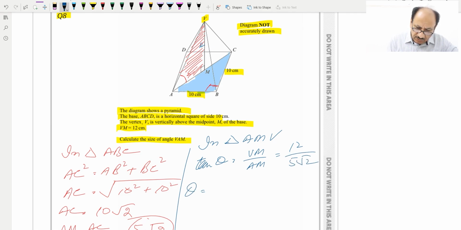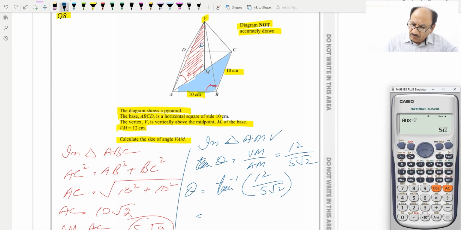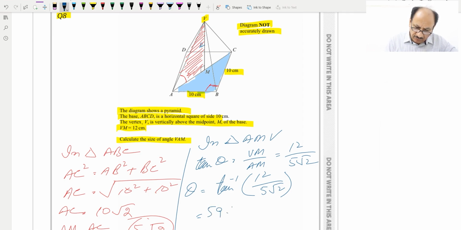So theta will be equal to tan inverse of 12 over 5 under root 2, and we can write it as shift tan of 12 over 5 under root 2, closing the bracket, and this is 59.49.